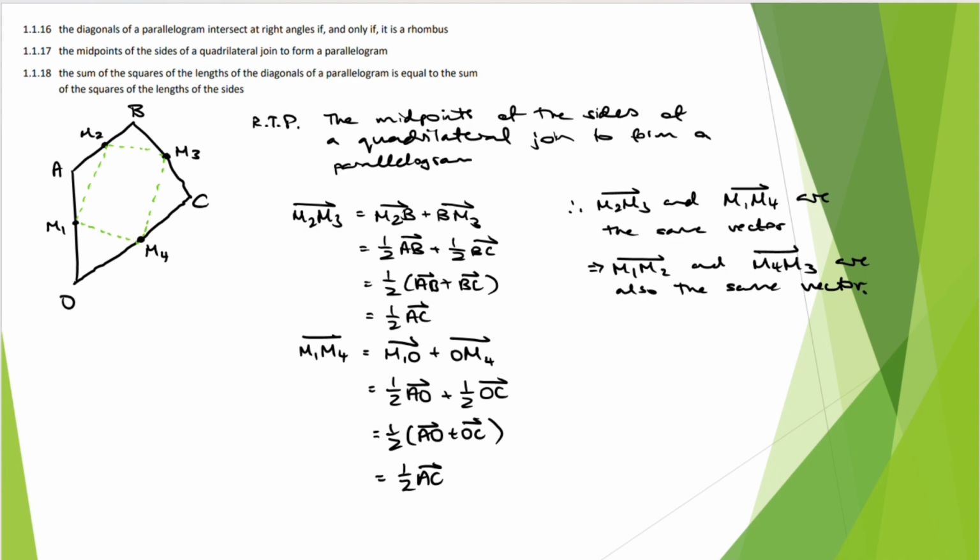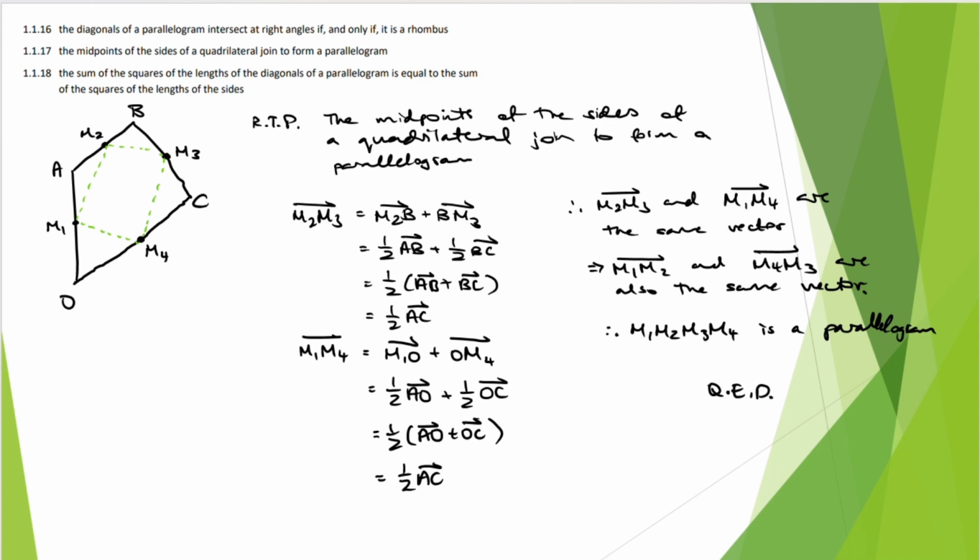Okay, and that's necessarily because if we have these two vectors like this and they're the same length and the same direction, then these must also be in the same length and in the same direction. And as a result, therefore, M1, M2, M3, M4 is a parallelogram. And we've proved what we wanted to prove.